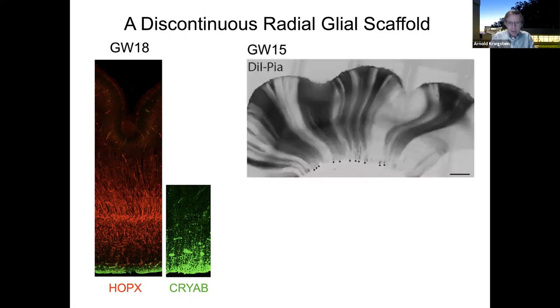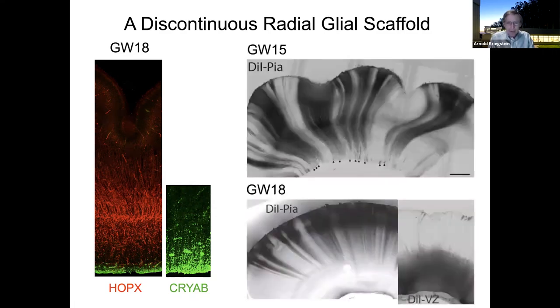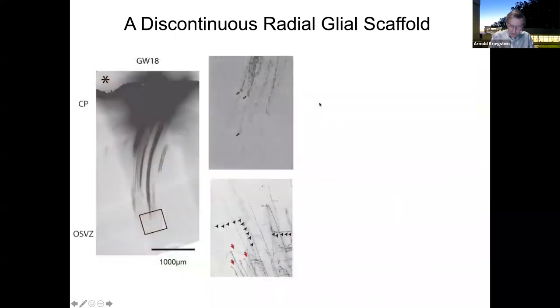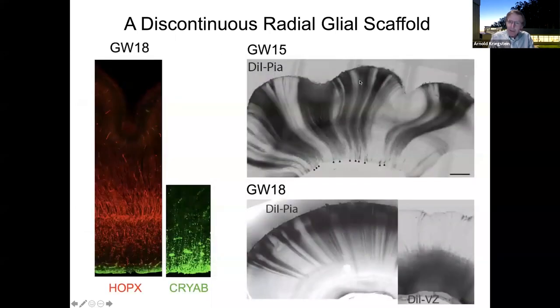So to confirm that, we used a different approach, and put dye crystals either on the surface or the ventricular surface of these cortical slabs. And in early stages, it looked as we'd expected, that the radial glia at the ventricle ran continuously up to the cortex. They formed a continuous radial glial scaffold.